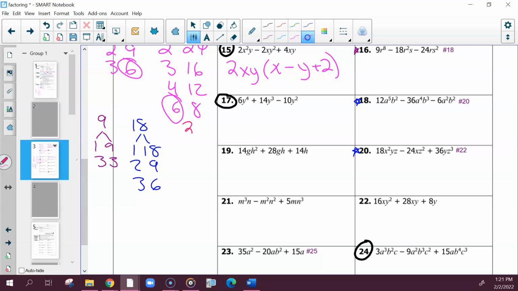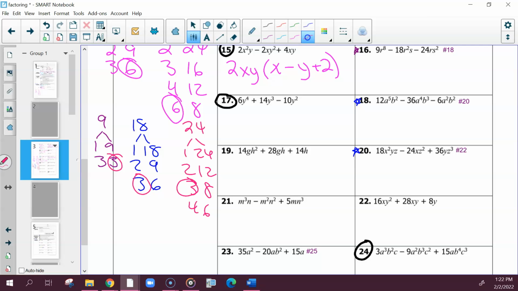Then for 24, we have 1 and 24, 2 and 12, 3 and 8, 4 and 6. So of these two, it would be 6, but this one doesn't have a 6, so that's out. They do all have a 3. So that would be our GCF number.